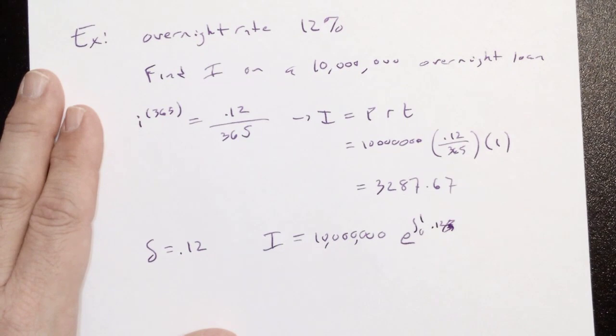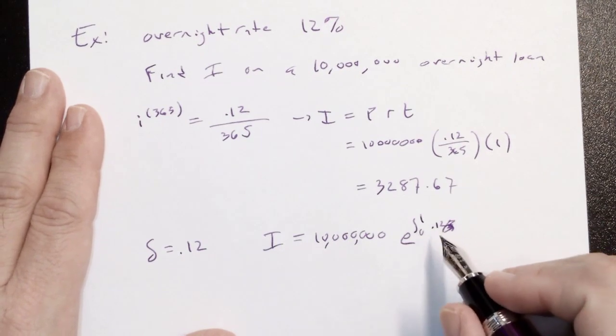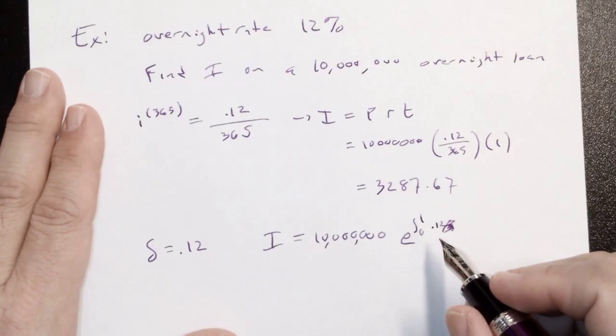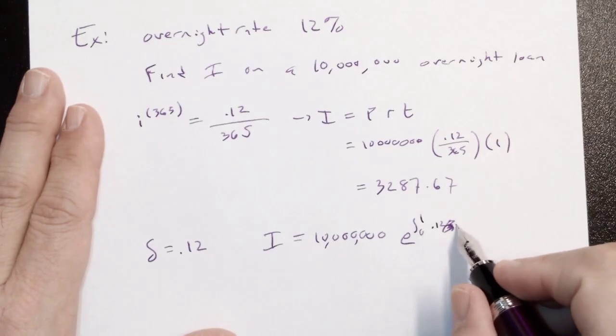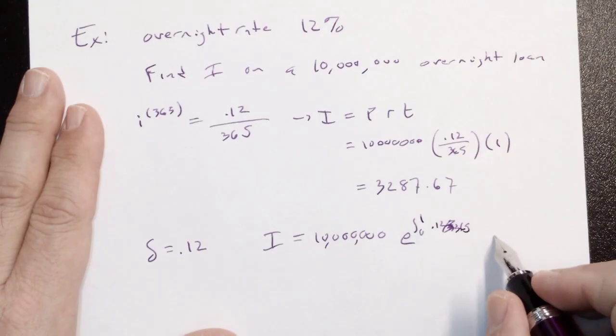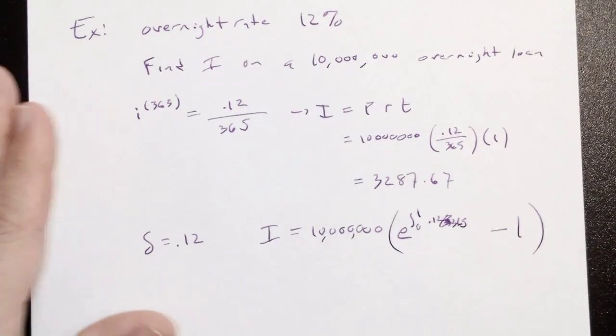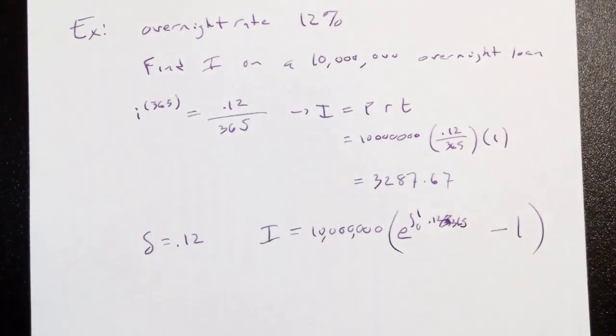0.12 over 365, minus 1. That minus 1 is to take off the original value. I'm looking at this and my brain just choked. No, that's right, because I need the integral over time, right?